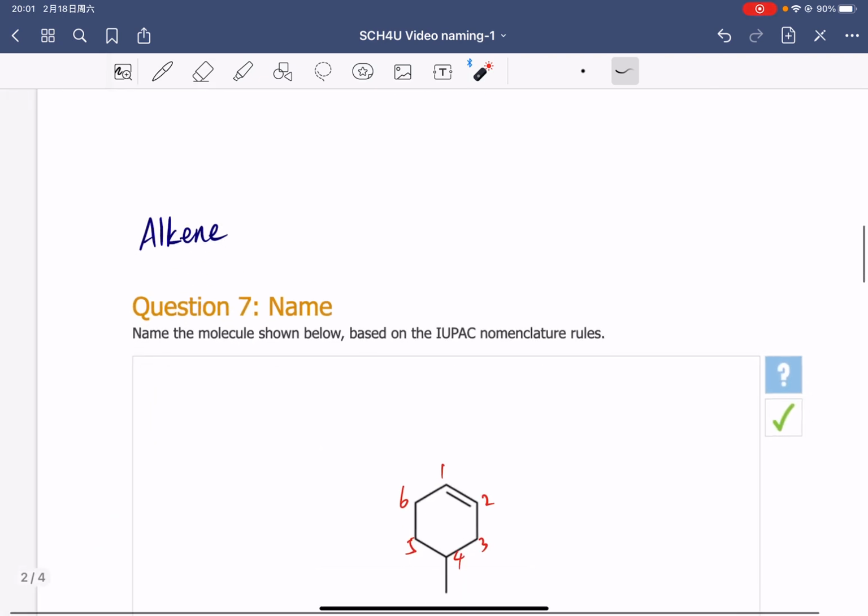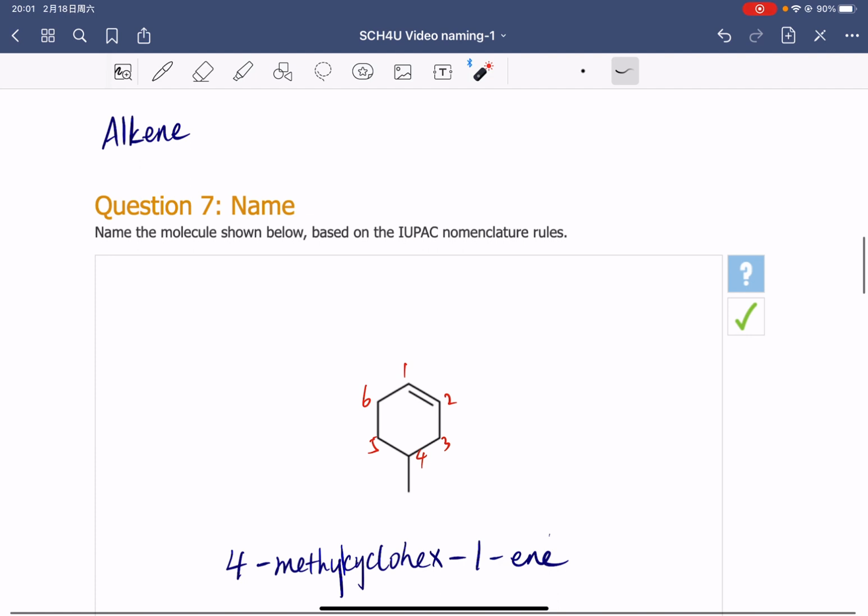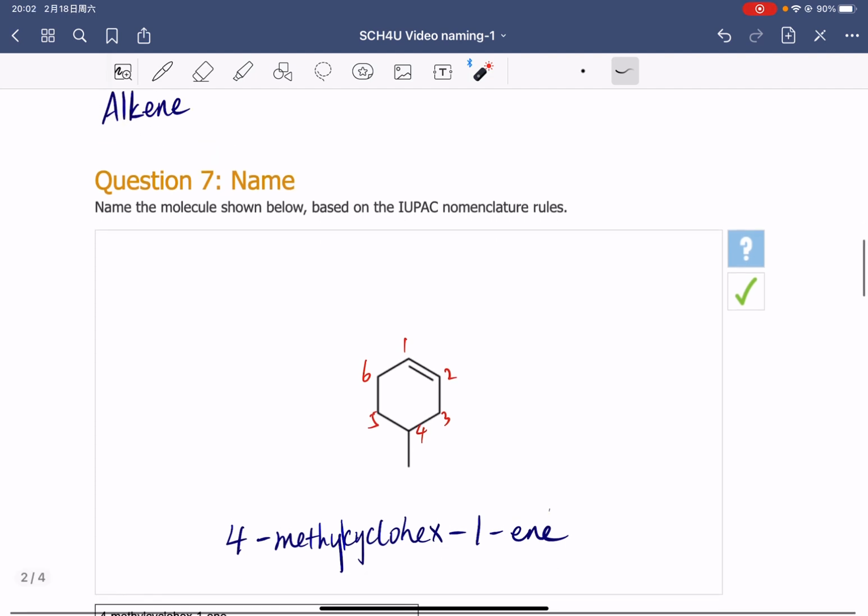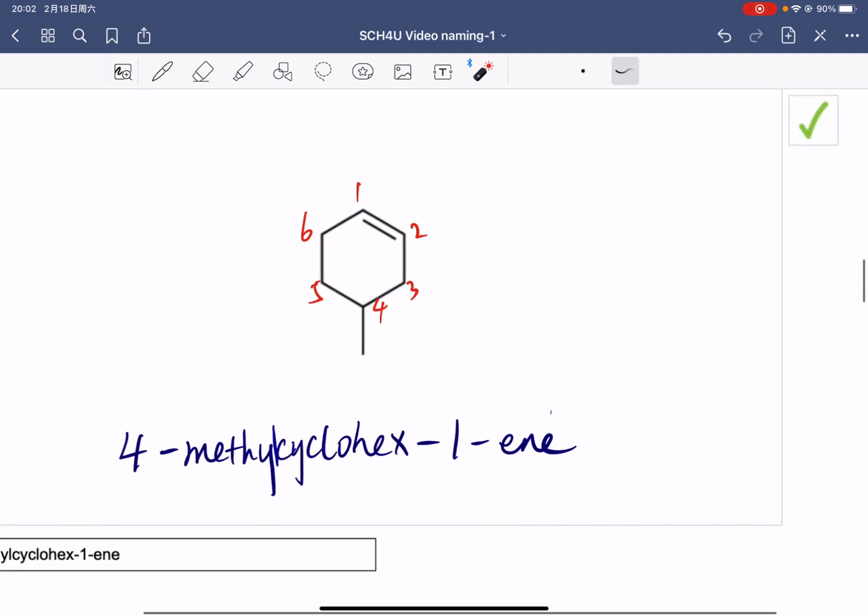Okay, so for the next one, I will name an alkene. Alkene means that there will be a double bond. So we can see here's our double bond.